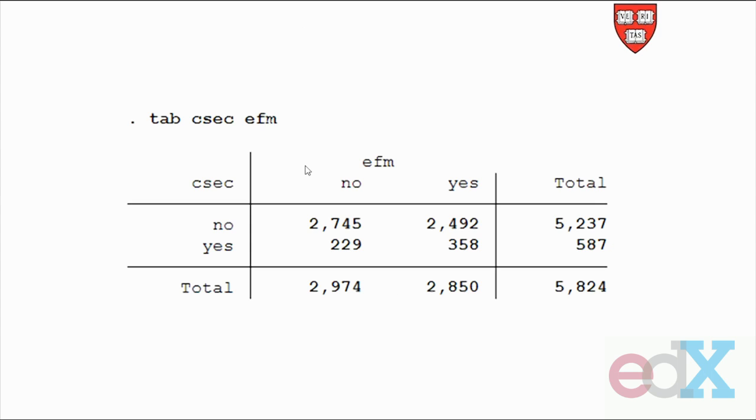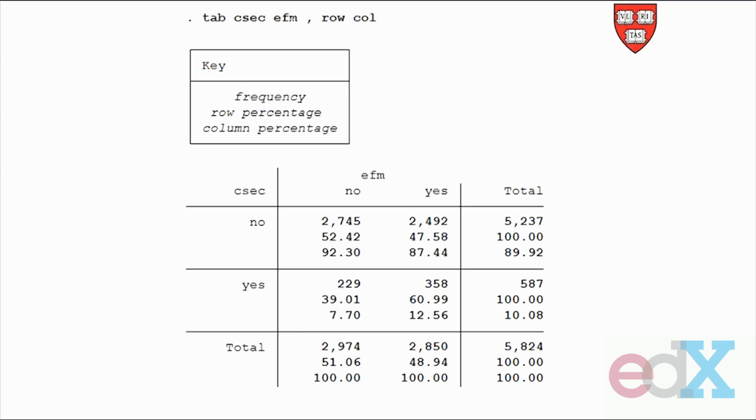So, for example, when we get Stata to do these calculations for us, we can ask Stata to show us the frequency, that's just like the last slide, but also show me the row percentages. The second entry in each cell is the row percentage.